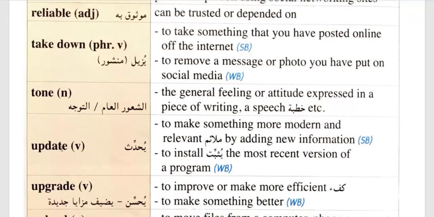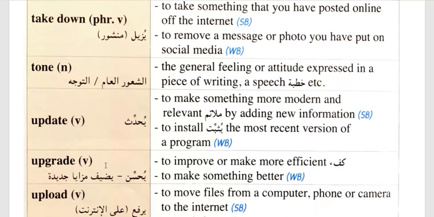Update, try to differentiate between update and upgrade. Update, to make something more modern and relevant by adding new information, or to install the most recent version of a program. Upgrade, to improve, to make something more efficient, to make something better.